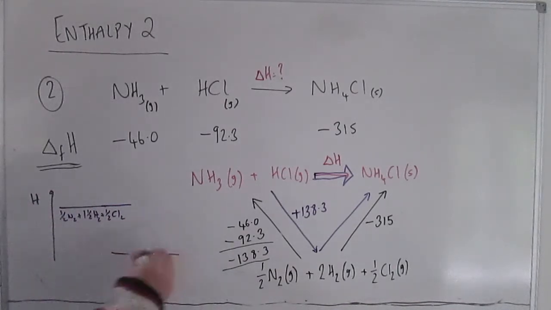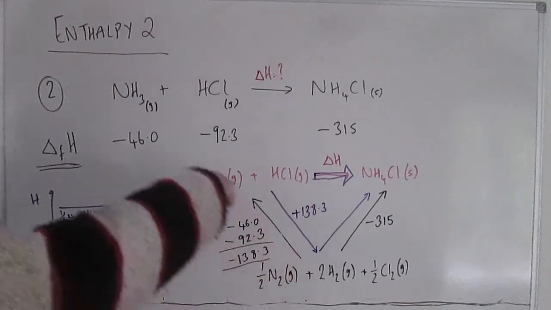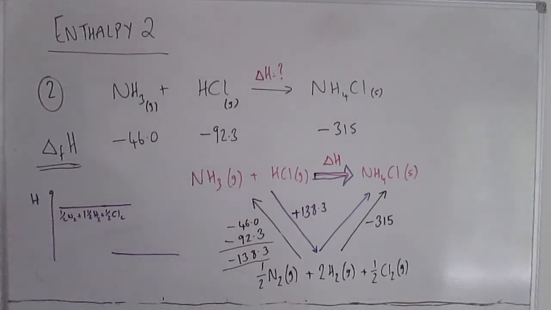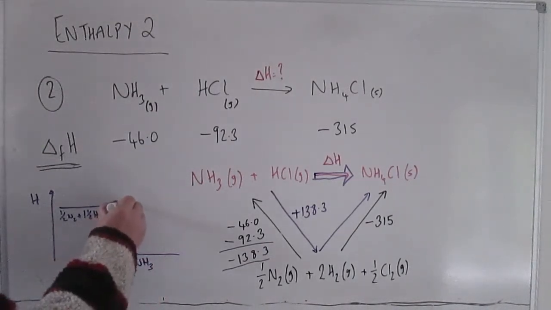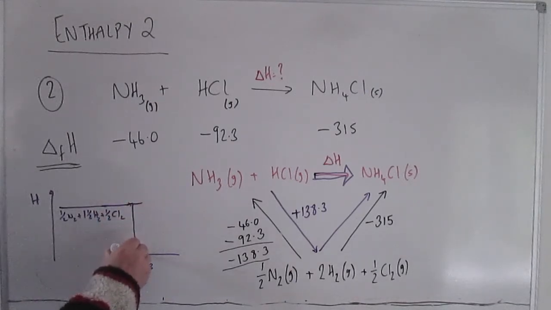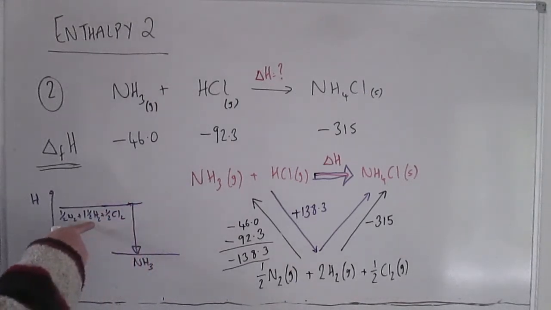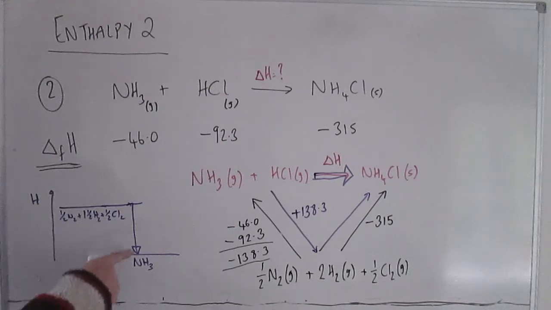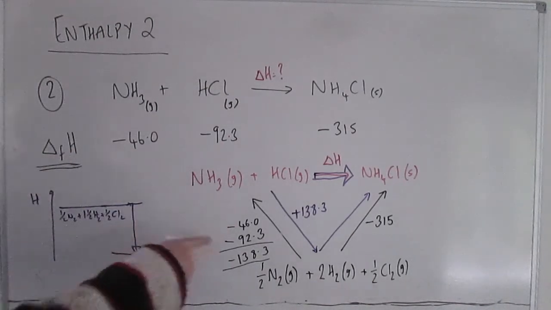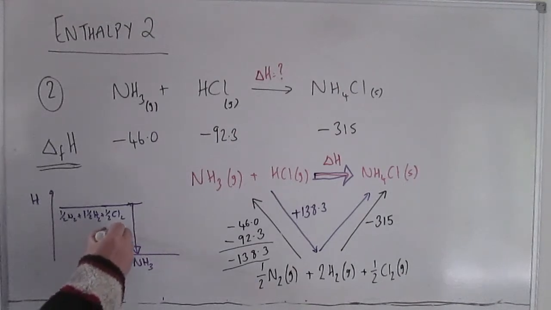And then down here, because it's an exothermic change when we form them, so we're going to a lower enthalpy level, we've got ammonia down here. Okay, so you can see that from the data we've been given, if you take those elements and you form the compound, which is what delta H of formation is, that's minus 46 minus 92.3 is minus 138.3.